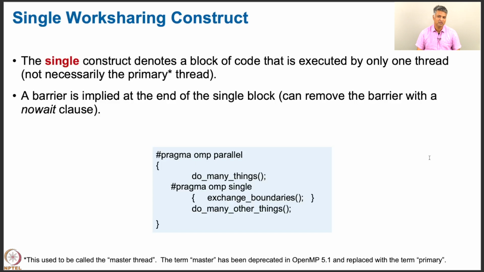Then we have a single work construct where the function exchange boundaries is to be done only by a single thread, and then subsequently you have another function, do many other things, which is being done by different threads in parallel. I must point out that there is an implicit barrier at the end of the exchange boundaries function, which is denoted by the curly braces, because the single block has an implicit barrier at the end of this.